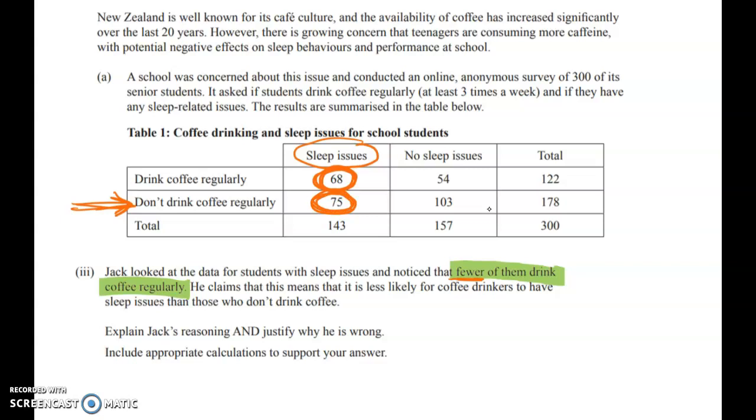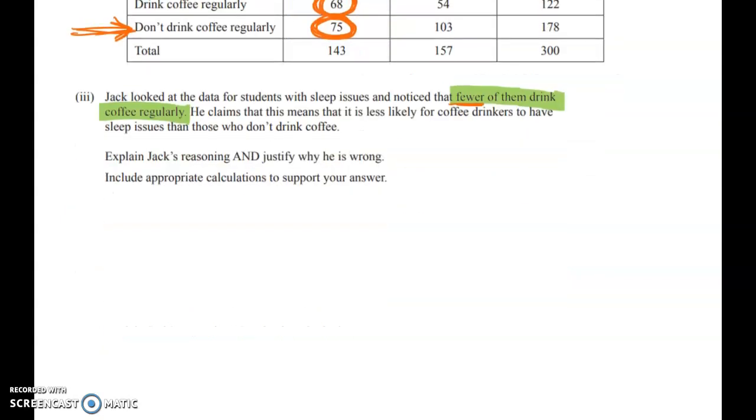So Jack is comparing the numbers of students, right? So let's start by saying that. Jack is not comparing probabilities or proportions.